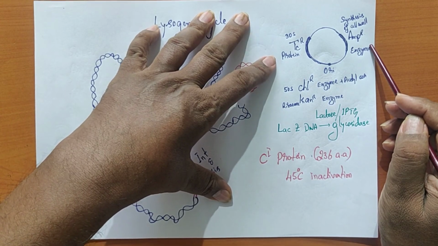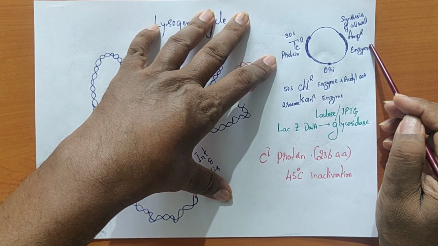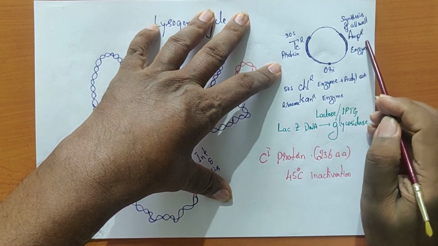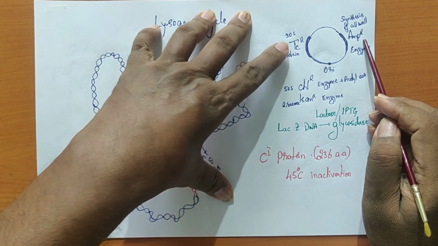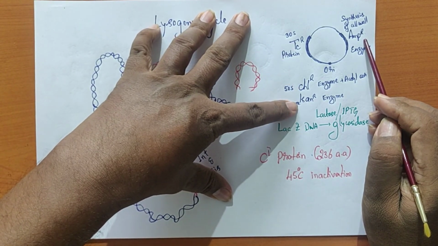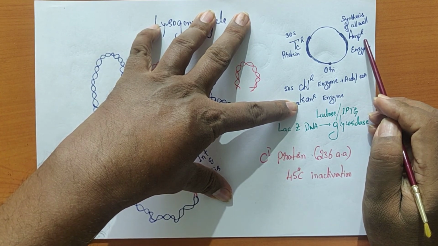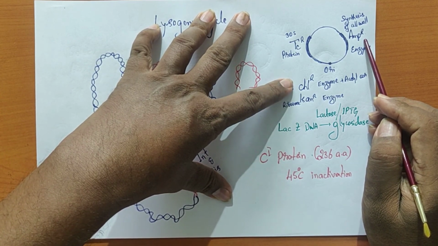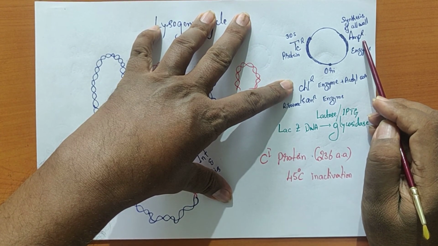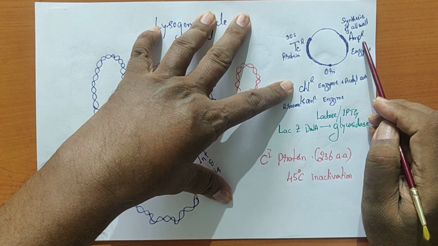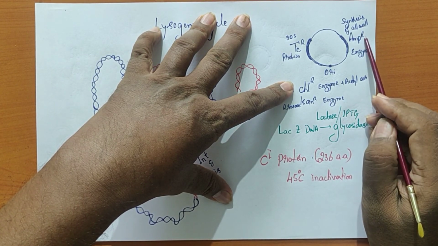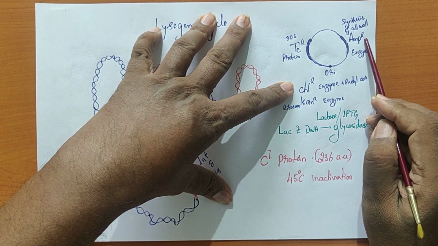In the case of plasmid DNA, we discussed the common antibiotic resistance genes which are used: the ampicillin resistance gene, tetracycline resistance gene, chloramphenicol resistance gene, and kanamycin, which is an aminoglycoside. Ampicillin inhibits the various enzymes involved in the synthesis of the cell wall, and that's how it kills the microorganism.